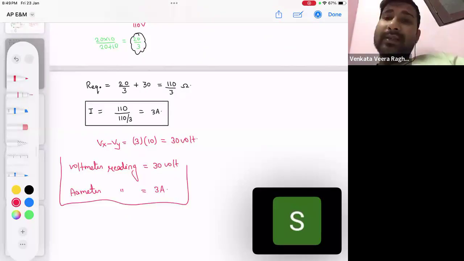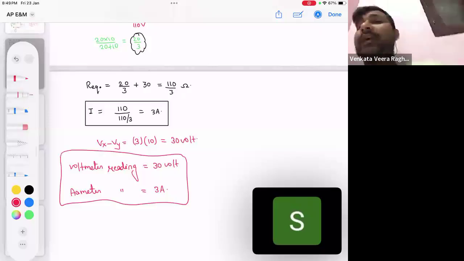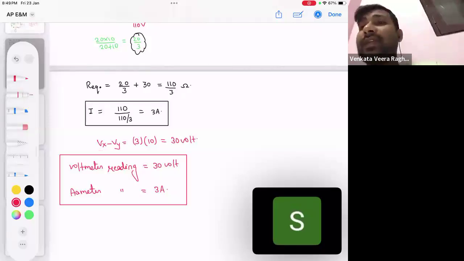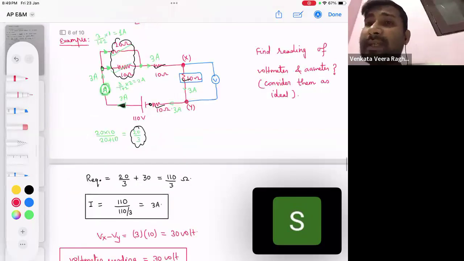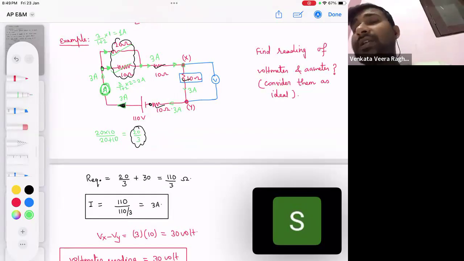Understood? But both the instruments given to us in the question are ideal ones. So you will be thinking, sir, 3 ampere current came here, right? There is some doubt like this. Sir, 3 ampere current came here, so isn't it this x junction? It should distribute in the 10 ohm and the voltmeter. Yes, it should, right?